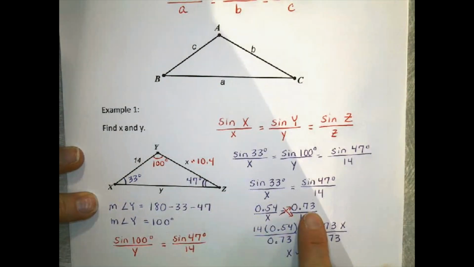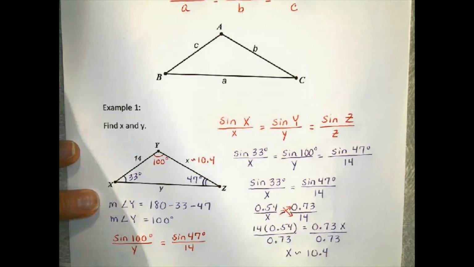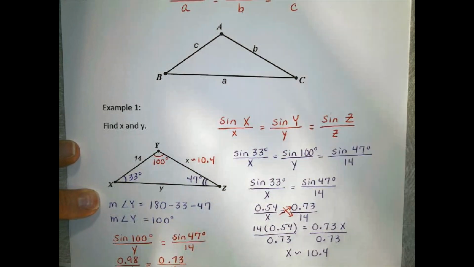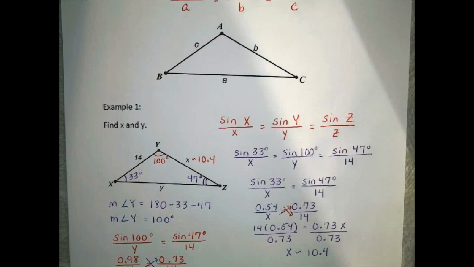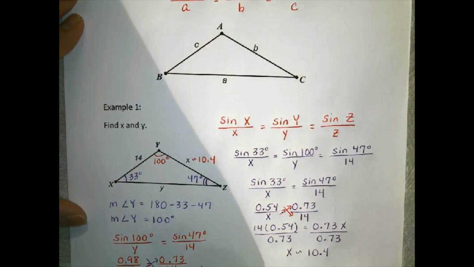I can put sine of 100 in my calculator and find that I get 0.98 divided by y will equal 0.73 divided by 14. Again, I would do some cross multiplying. And when I do that, I would find out that y will equal 18.8. So y will be equal to 18.8, and that would be the length of my last side.